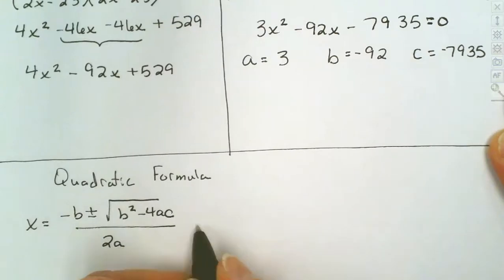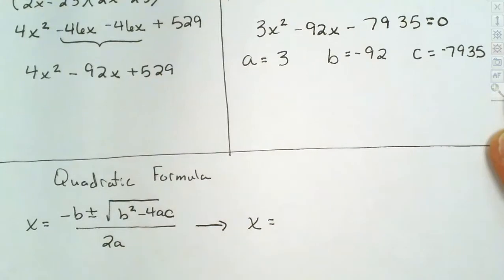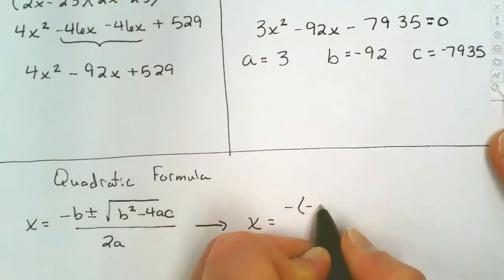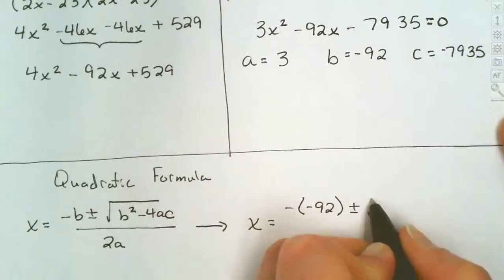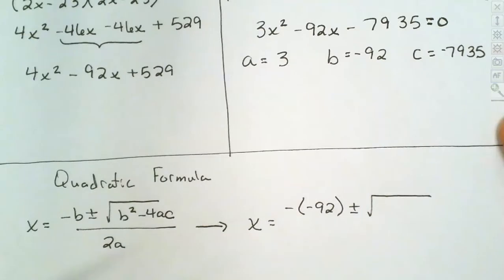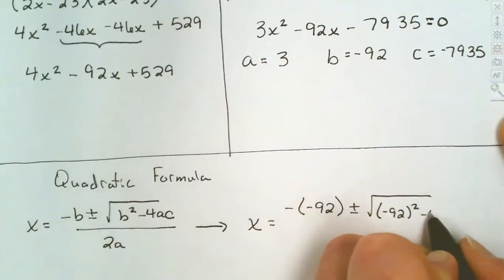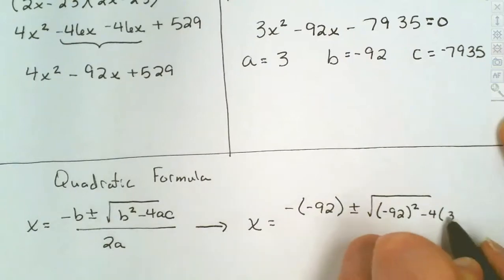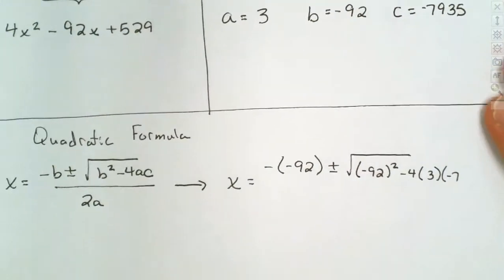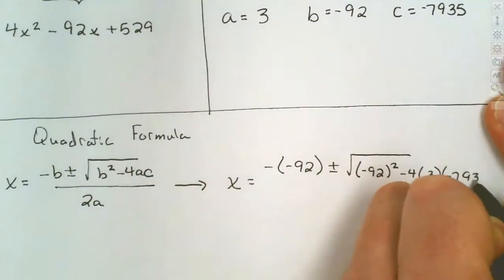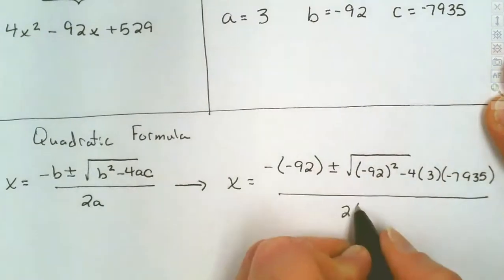And we're going to fill that in. So that's going to give me then negative of a negative 92. Then we've got a plus or minus. We've got the square root of a negative 92 squared minus 4 times 3 times a negative 7935. And that is all then over 2 times 3.